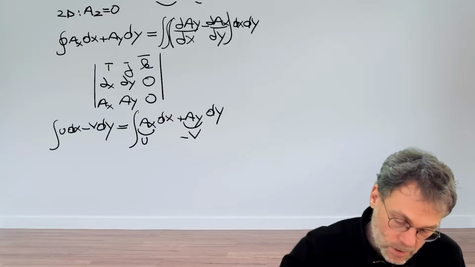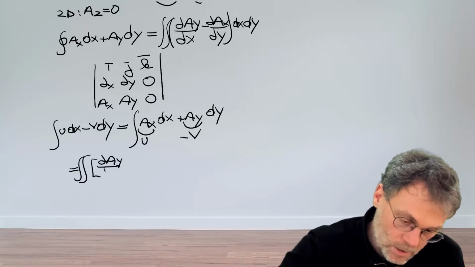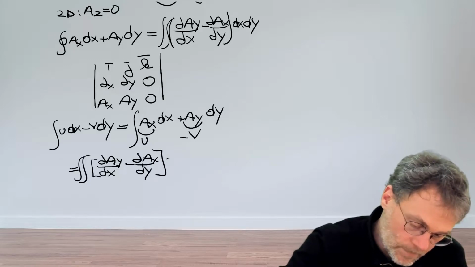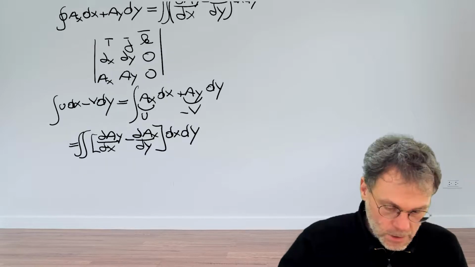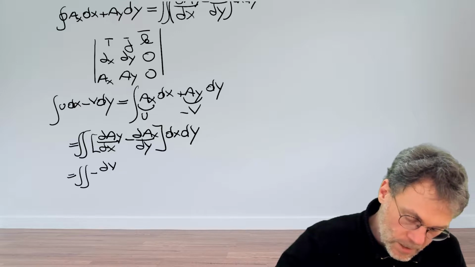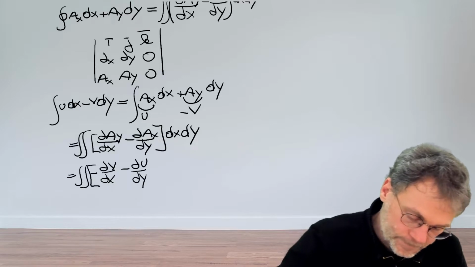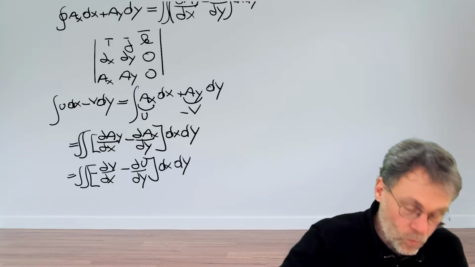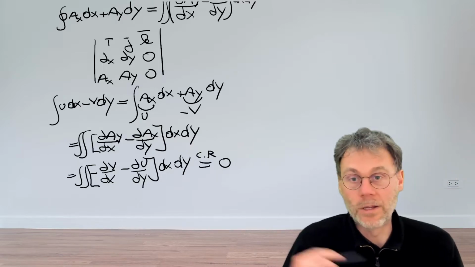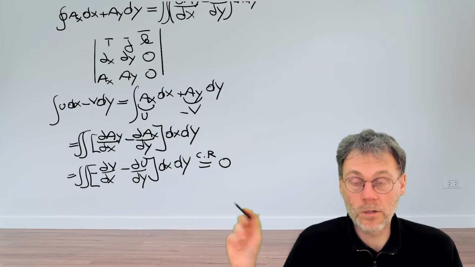So if we just write down Stokes telling us that's ∂Ay/∂x minus ∂Ax/∂y, dx dy. This becomes the integral, so Ay is minus v, so we have minus ∂v/∂x and then minus ∂u/∂y, dx dy. And thanks to Cauchy-Riemann, this thing vanishes because this is exactly one of the Cauchy-Riemann conditions. Okay, that's half of the work done. We know that the real part is 0.